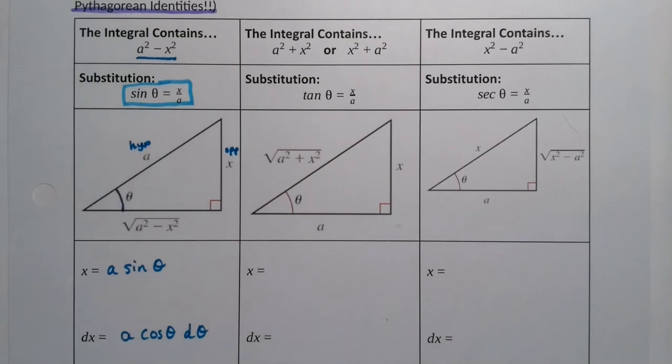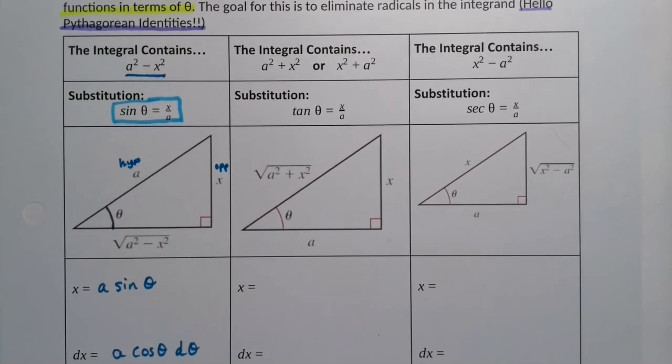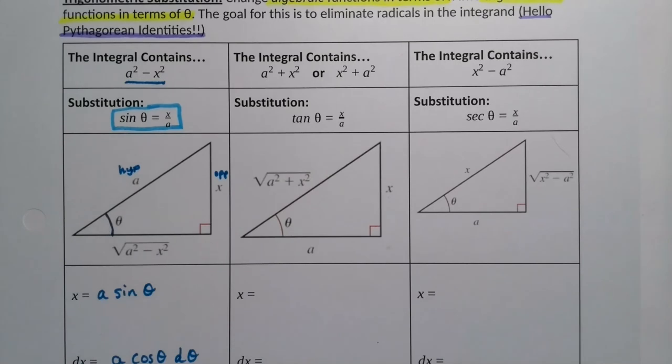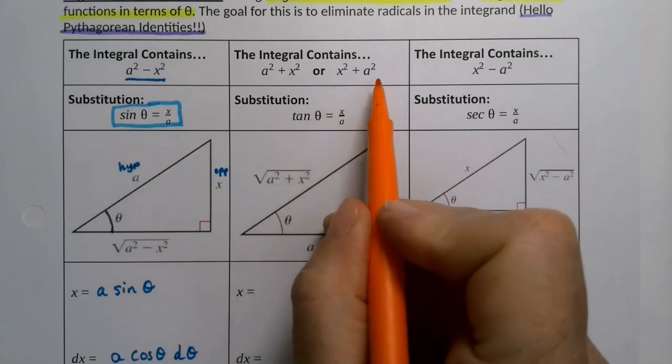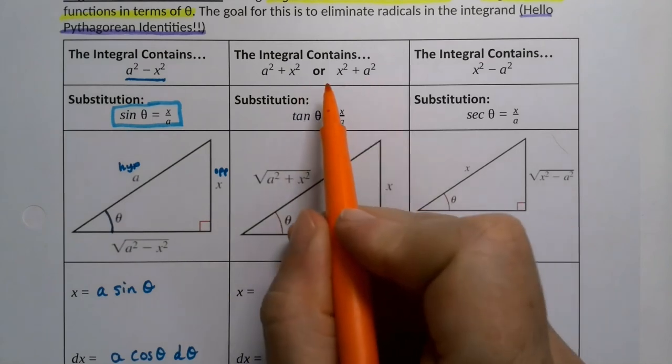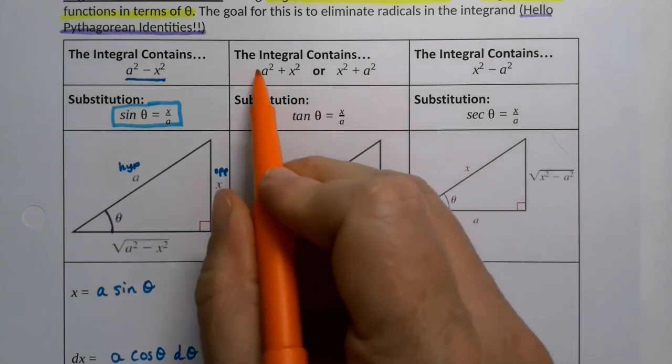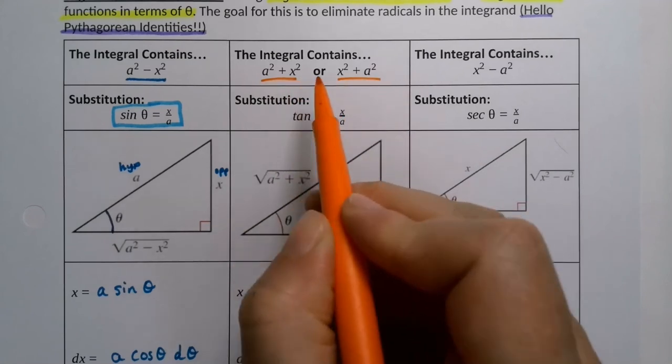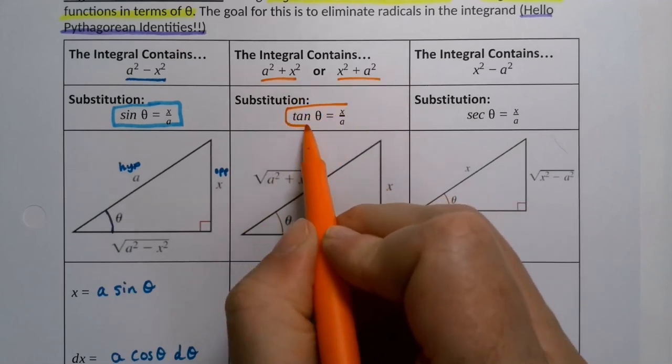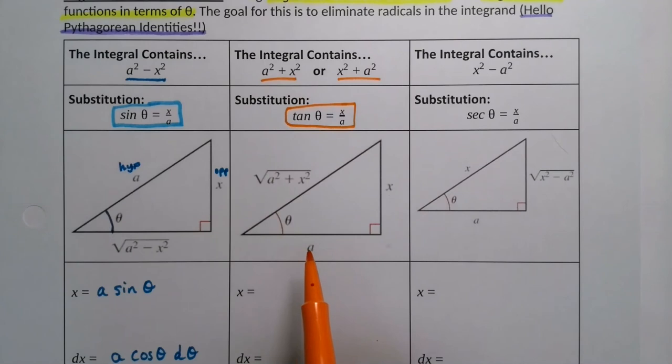All right, now what about the second one in the middle? The second one is when your integral involves a squared plus x squared or x squared plus a squared, one of those two. In that case, you will use the substitution, because of course they're equivalent, of the tangent of theta is equal to x over a.